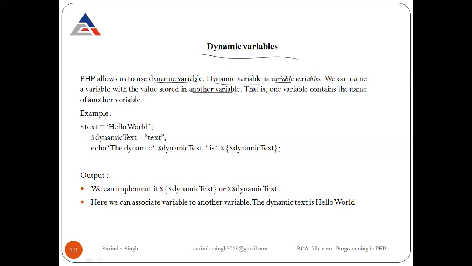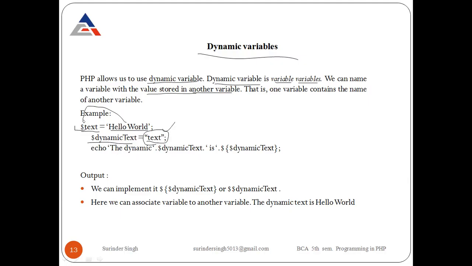We can name a variable with the value stored in another variable. Like here we have a text variable. Here its value is hello world, and this is a value. But here we have the same name as the variable name, clear.